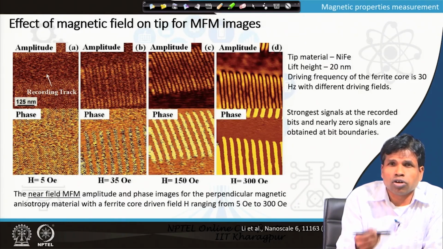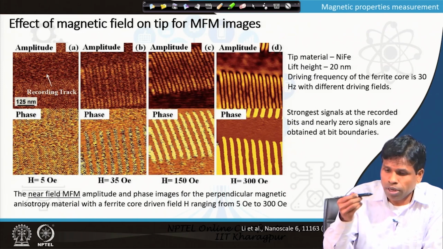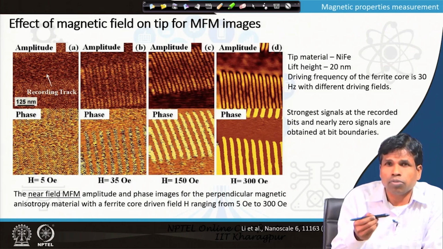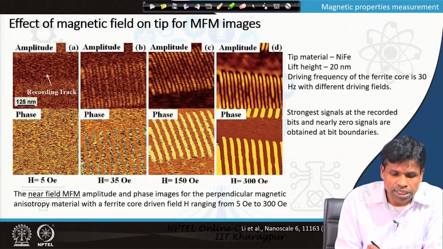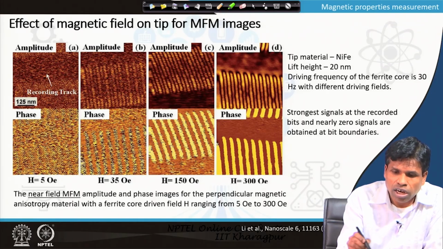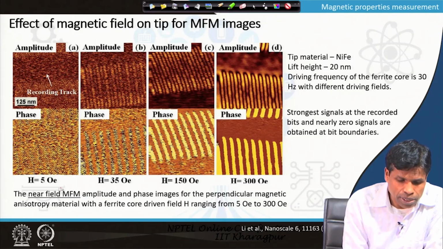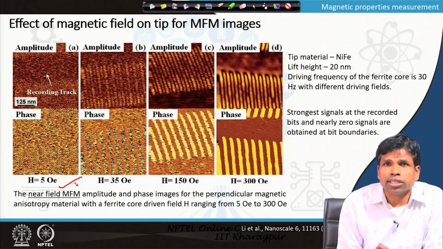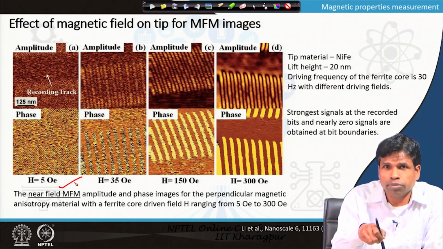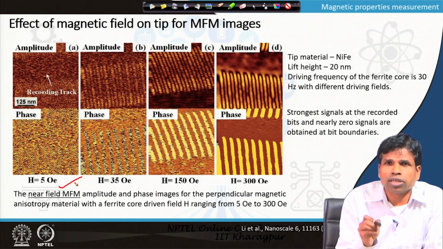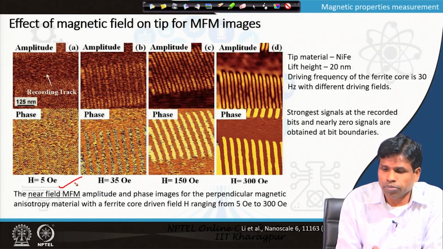In the previous cases, I told you that the tip has to be far away from the sample, greater than 10 nanometer. In these cases, it can be a little closer, and therefore it is called near field MFM. And in the near field MFM, not only the z direction magnetic moment, but some of the x and y direction magnetic moments can also be collected.